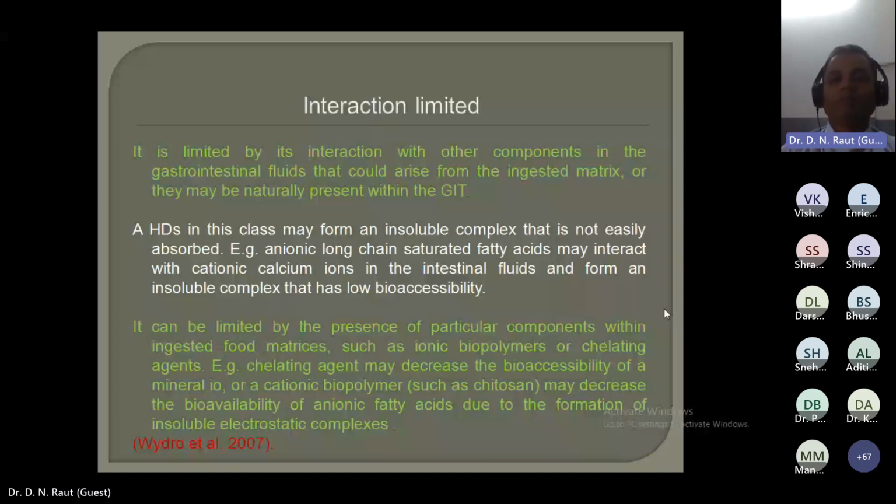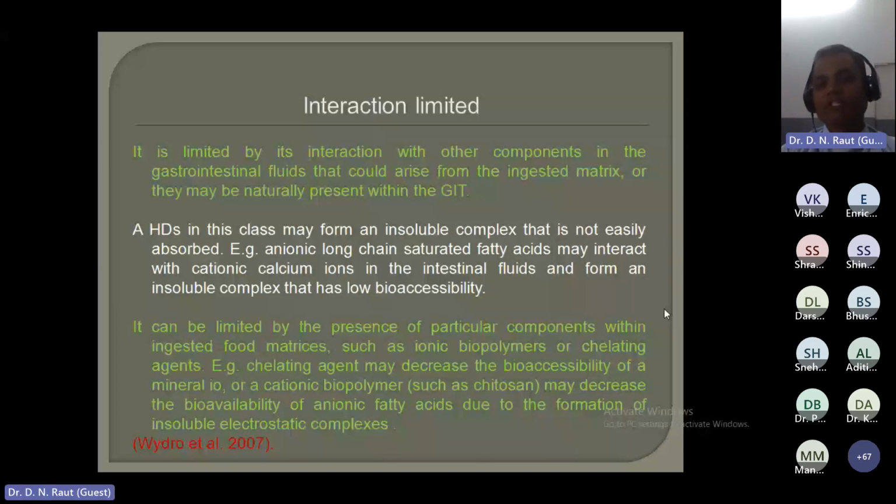Drugs may form insoluble complexes that are not easily absorbed, like anionic long chain saturated fatty acids that interact with the cationic calcium ion in the intestinal fluid and form an insoluble complex that has low bioaccessibility.